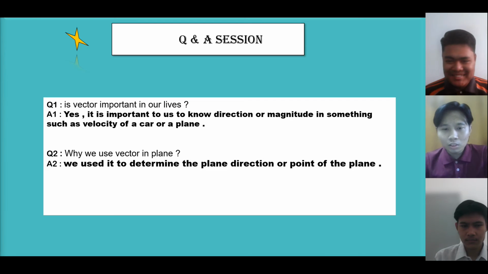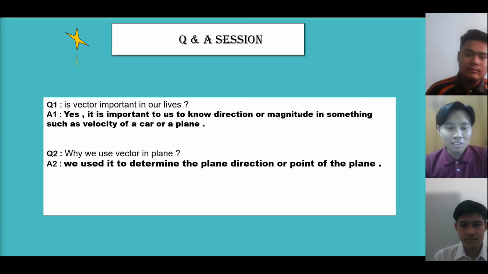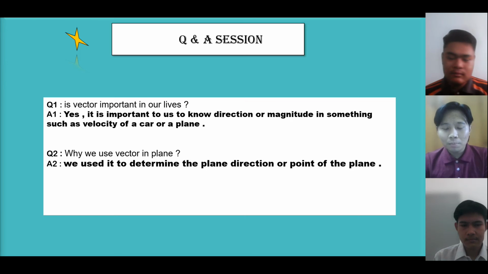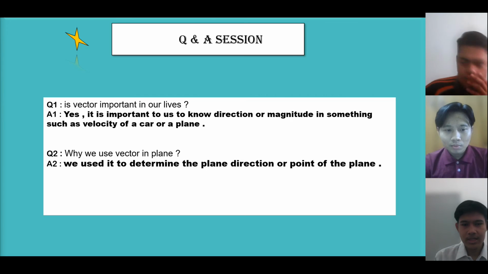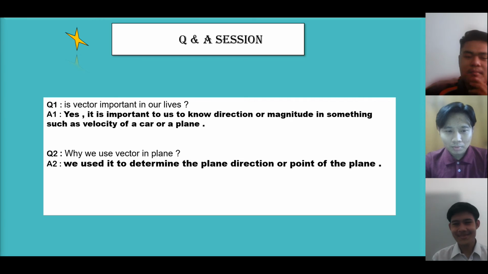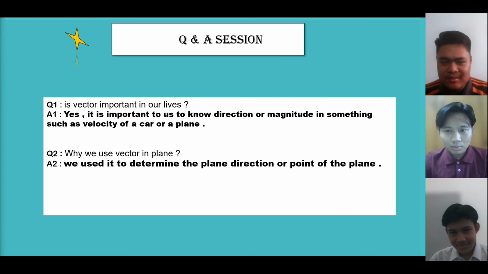It's important to us to know direction or magnitude in something such as the velocity of a car or a plane. Okay, thank you, Aiman. Then next question is, why do we use vector in plane? Fauzan, can you answer it for me? I think we use it to determine the plane direction or point of the plane. So that's the answer.